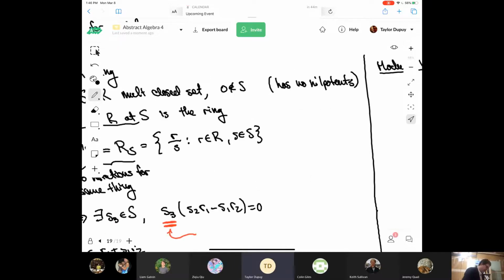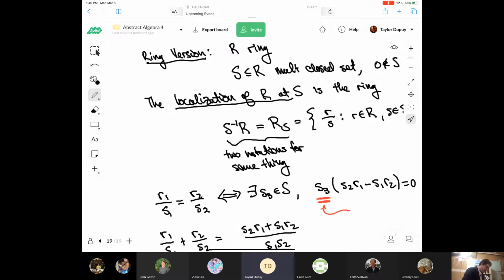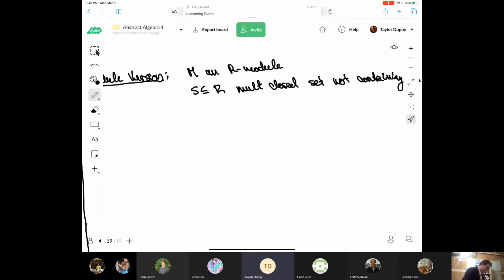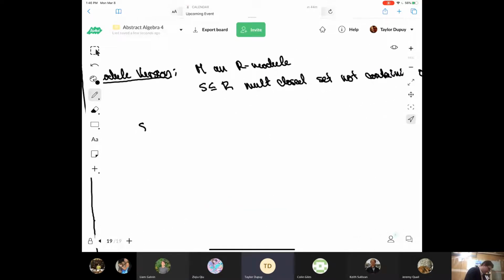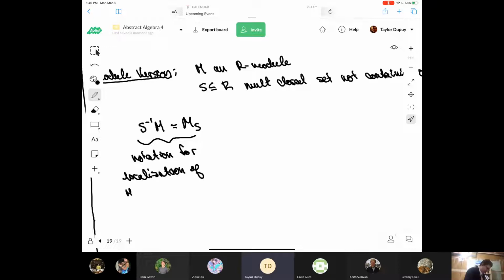And then you define the same thing. You define S inverse of M. This is M_S. This is notation for the same thing, for the localization of M at S. So this is the set of m over s, where m is in M and s is in S.